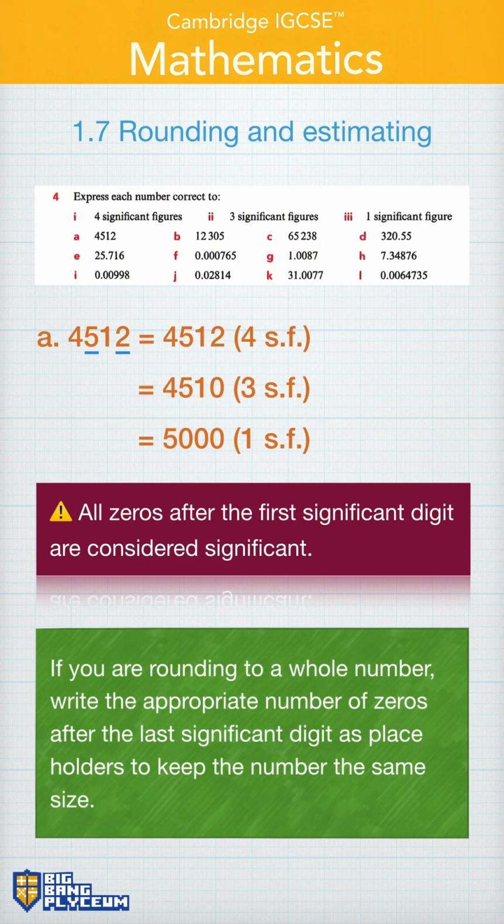If you are rounding to a whole number, you have to write the appropriate number of zeros after the last significant digit as placeholders, which means we have to keep the number the same size. For example, the original was 4,000 something, but after you round it to 1 significant figure, you still have to write 5,000, okay? The zeros are placeholders.